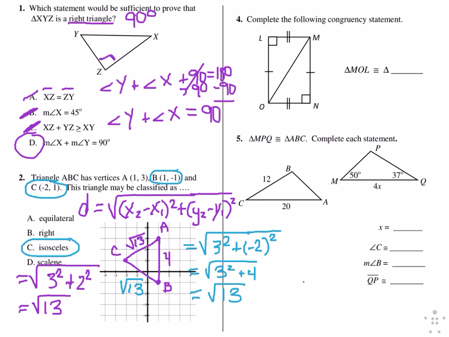So let me try to explain how you would do this. So what you're going to do is you look at how you're starting with the letter M over here. So I'm going from M to O, right down here, and then from O to L.